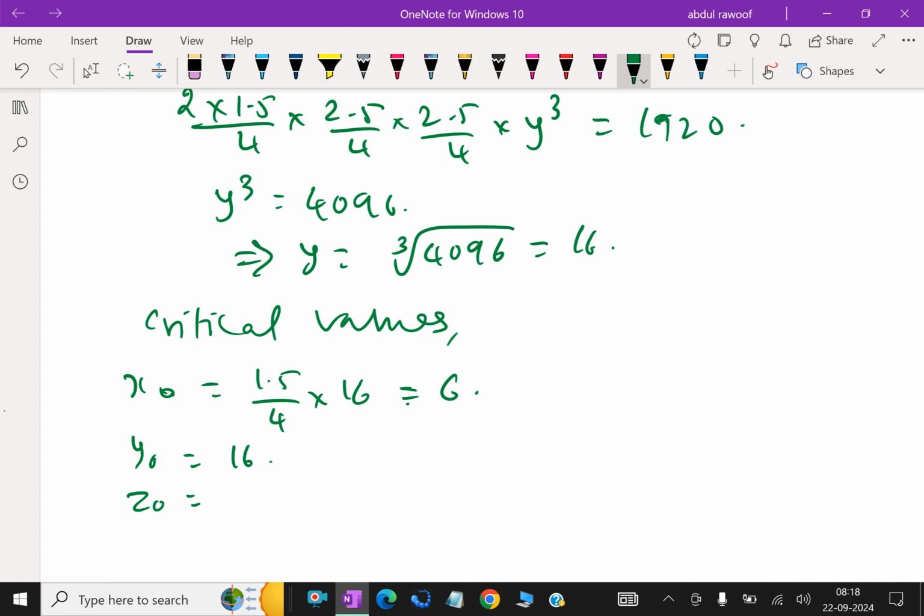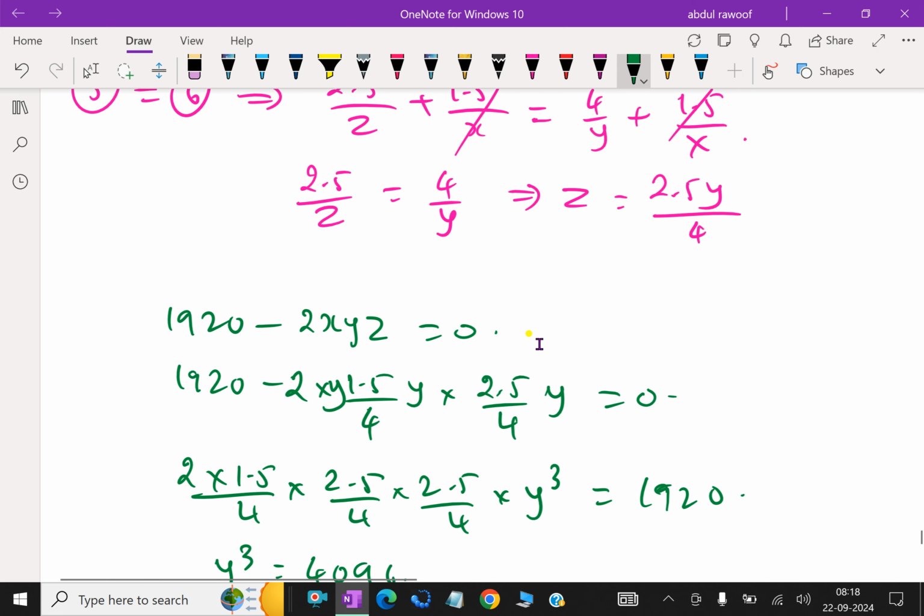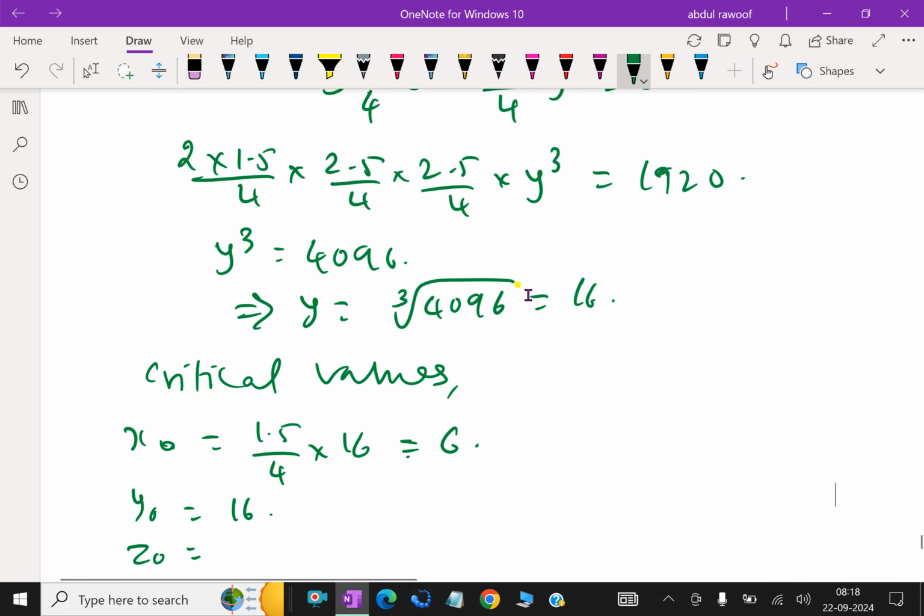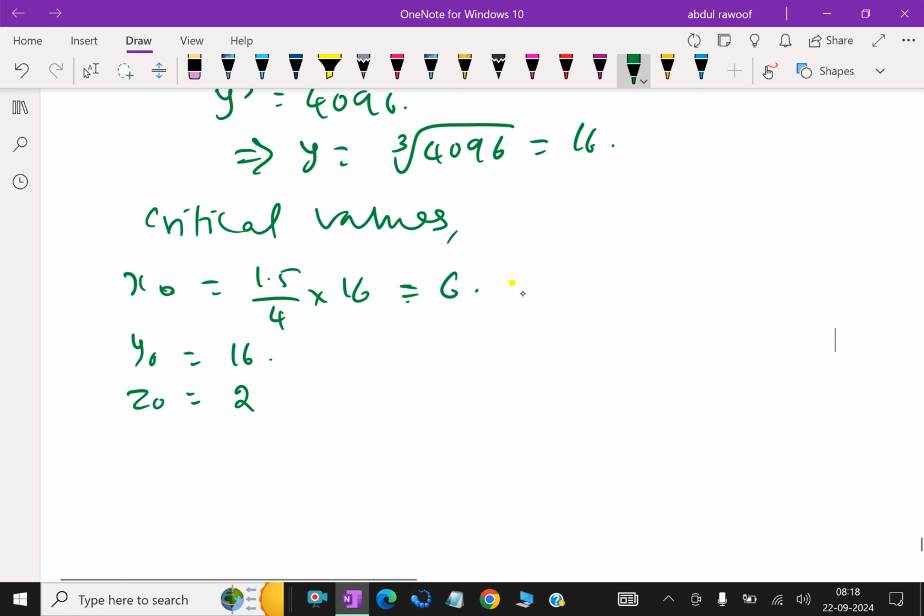Then z0 is 2.5 y over 4, which is 4 into 2.5, that is 10. So we got x0 is 6, y0 is 16, z0 is 10.